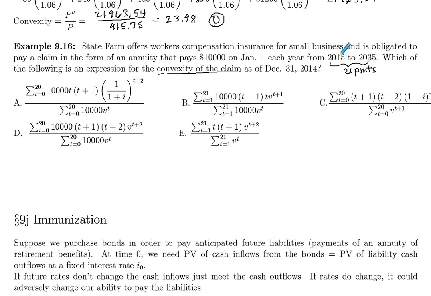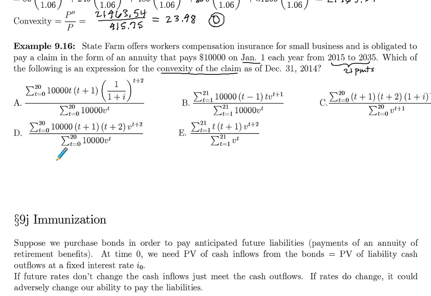Right, because the payments here are January 1st at the beginning of the year. So the first 10 payments are the beginning of the first 10 years, which are 2015 to January 1st, 2024. And the end of the 10th year is December 31st, 2024. And we want to know which of the following is an expression for the convexity of the claim.